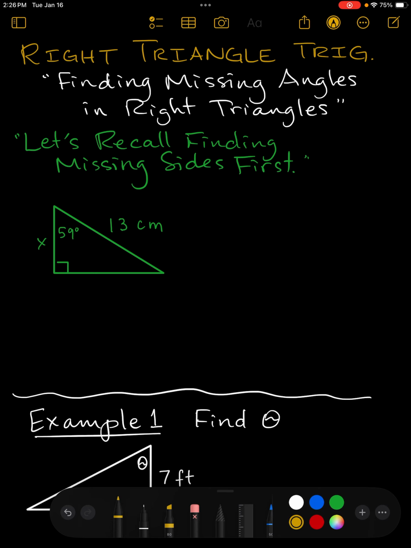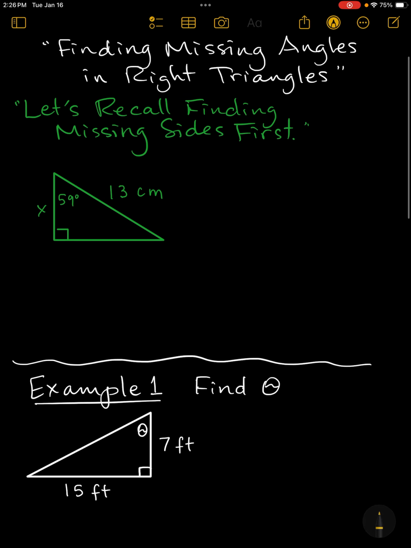Okay, before we jump into today's lesson, let's recall our last lesson on finding missing sides. The first thing we do is look at what angle we have, and then we see which sides are involved.